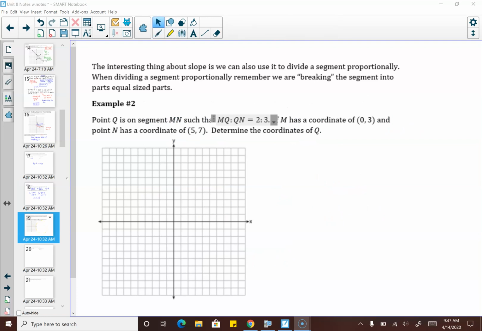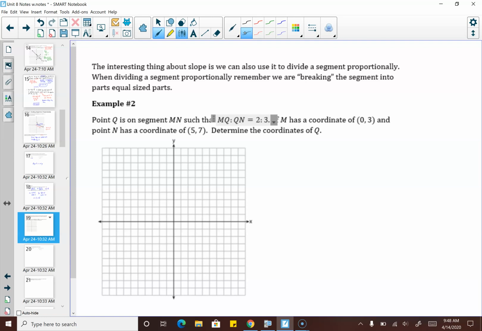So in some of these now, when it's not the midpoint, we have to do a little bit of extra work and thinking, and we want to make sure that we are setting ourselves up to work with these problems a little bit differently. So example 2 says point Q is on segment MN so that MQ to QN is in a ratio of 2 to 3.